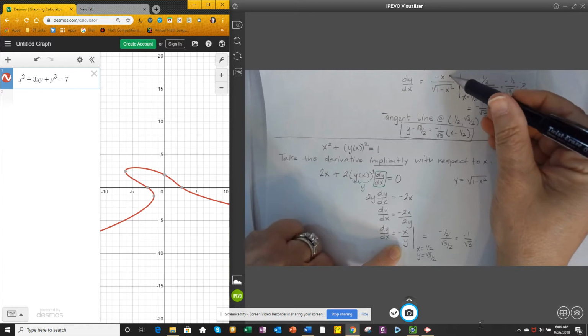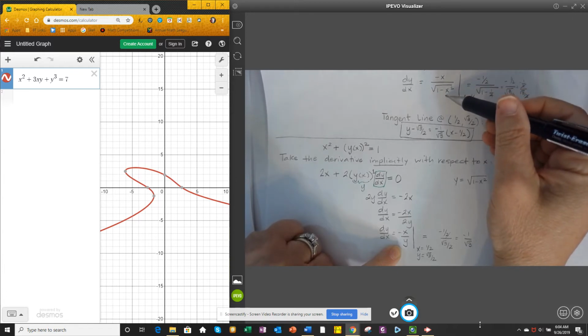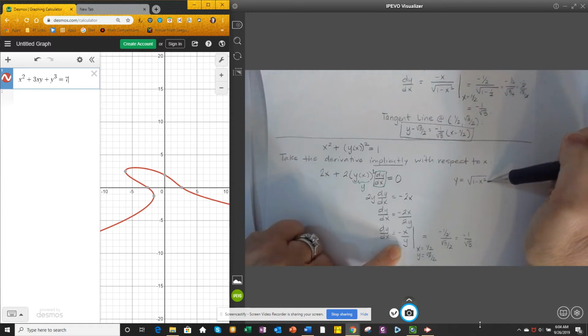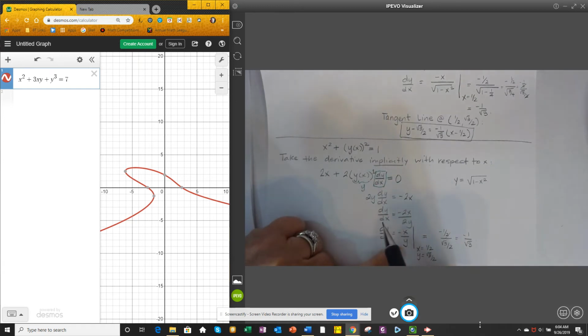Well, it's negative x over the square root of 1 minus x squared, which happens to be negative x over y. So we found an easier way to take the derivative without having to solve for y explicitly. All right, and that's how you do implicit differentiation.